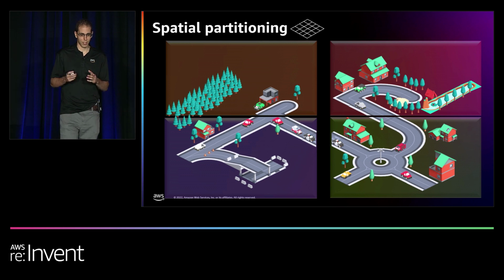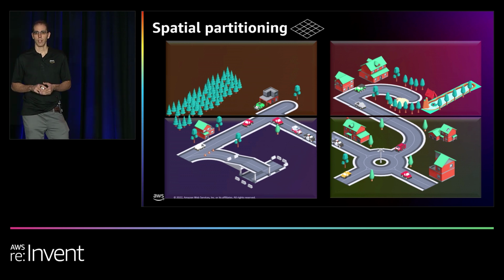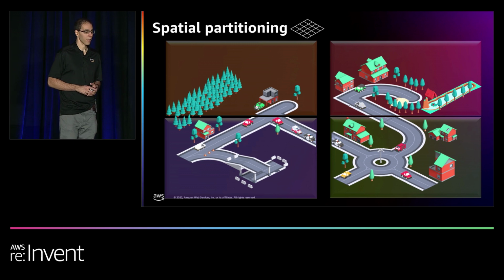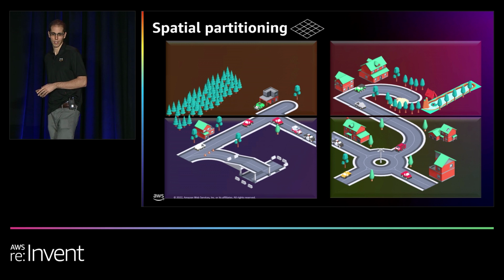And we're going to assign a set amount of compute and memory resources to each of these, and they will manage all of the entities within that particular area. This behaves like a simulation application today, except that SimSpace Weaver is what is maintaining the global state of all your entities under the hood for you.